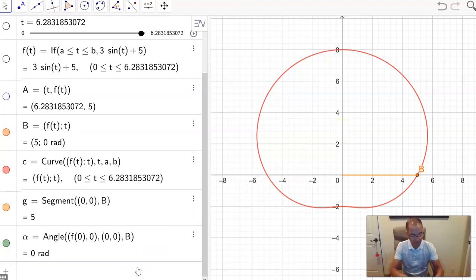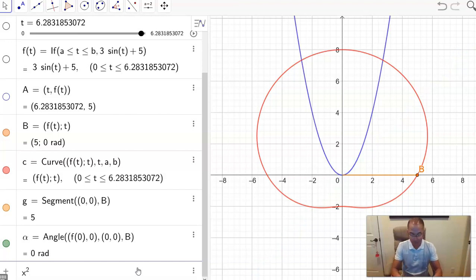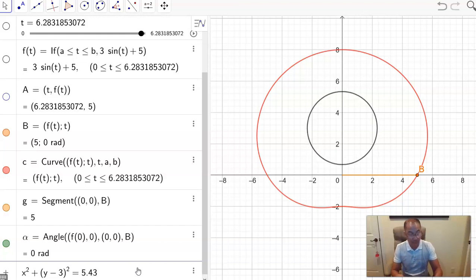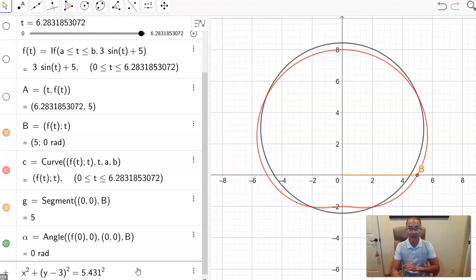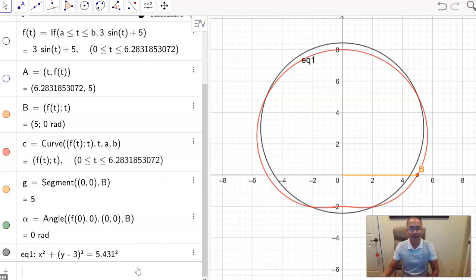So we will have x squared plus quantity y minus 3 squared equals our radius, 5.431 quantity squared. Ooh, there's our circle.